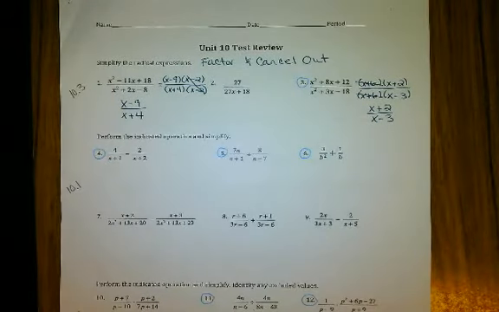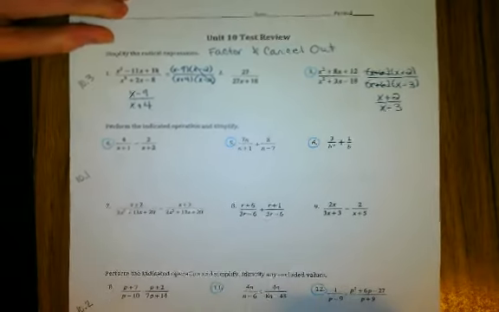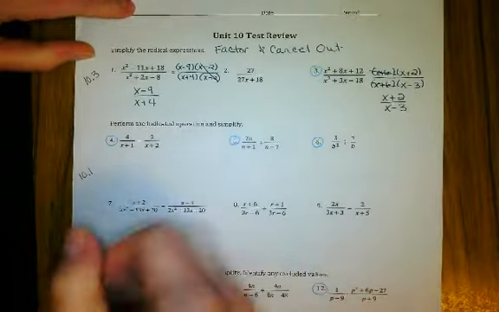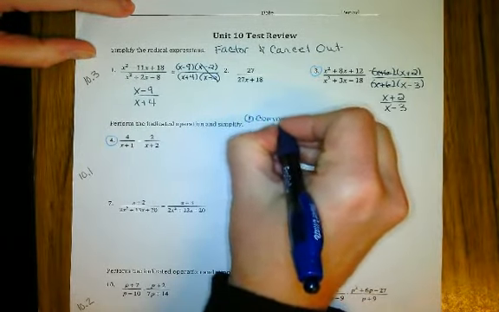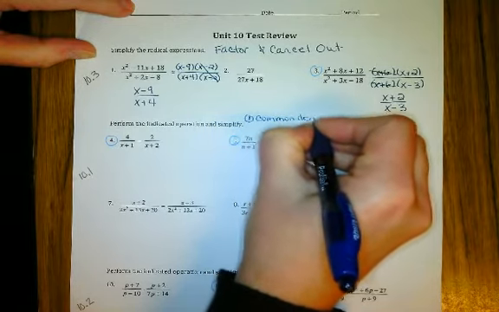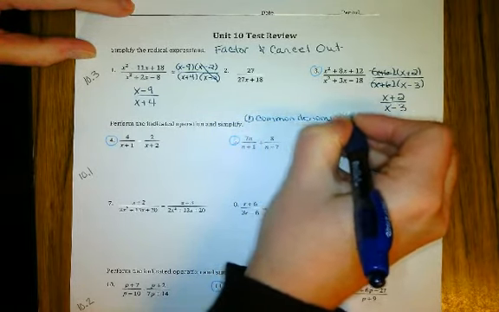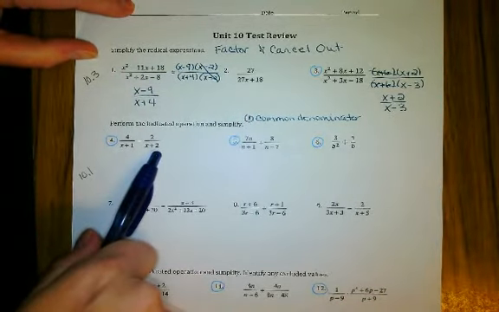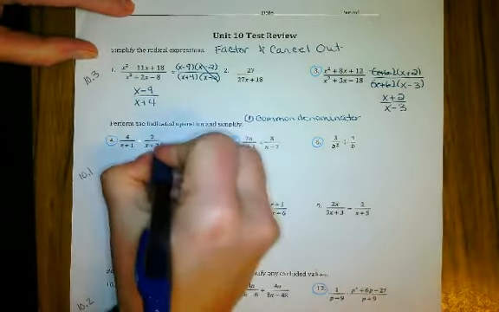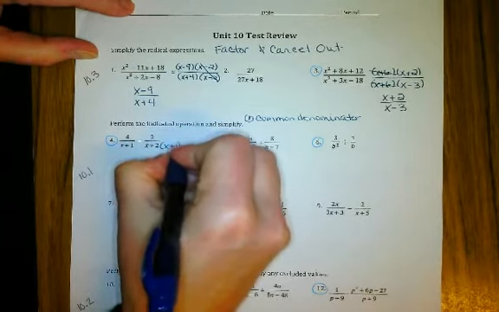Alright, so now we're going to perform the indicated operation and simplify. So here you can tell that you're subtracting. So what you'd want to do first is you need to find the common denominator. So that's the first thing you want to do. Common denominator. So I can see that this one has x plus 1, this one has x plus 2. So this one still needs an x plus 1.